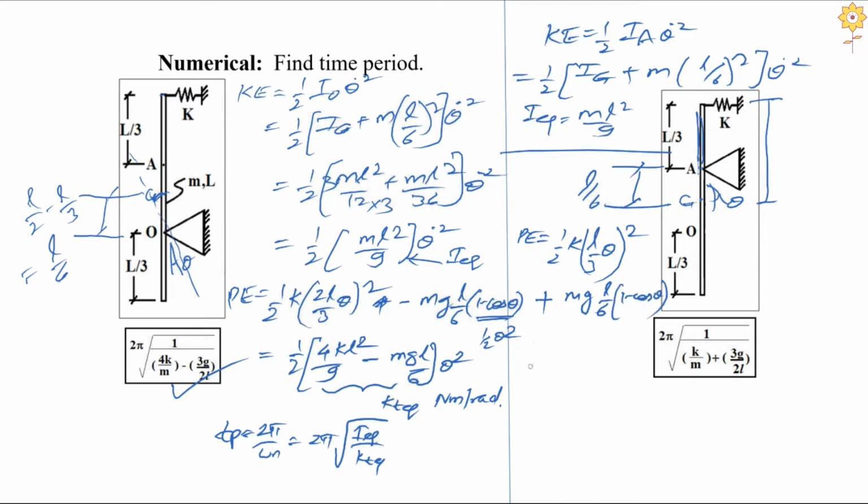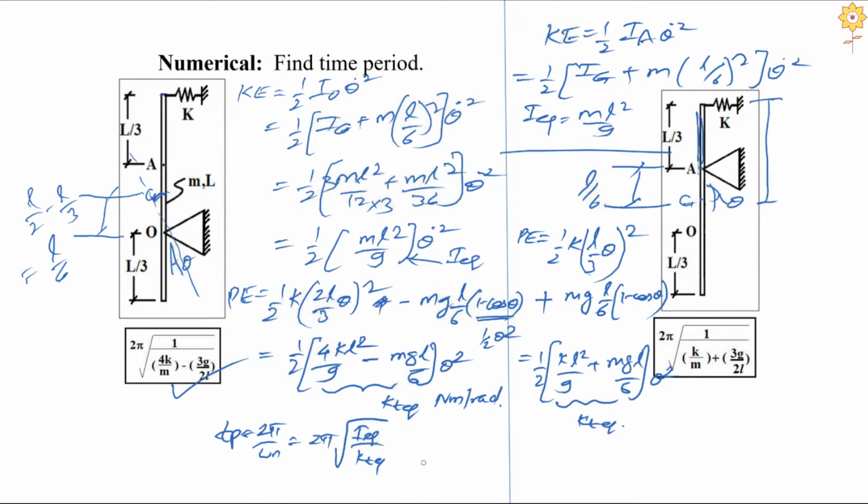So basically this will be half times kL squared by 9 plus mgL by 6 into theta squared, and this should be your kt equivalent for the second part, right?